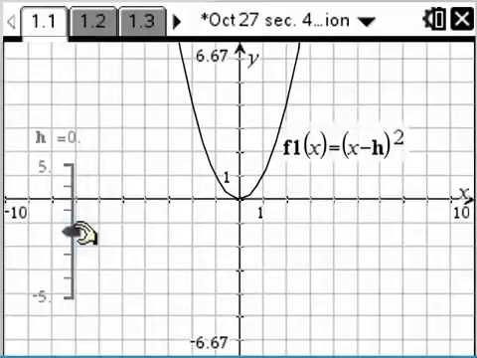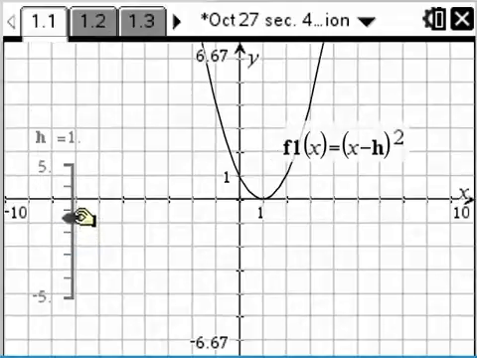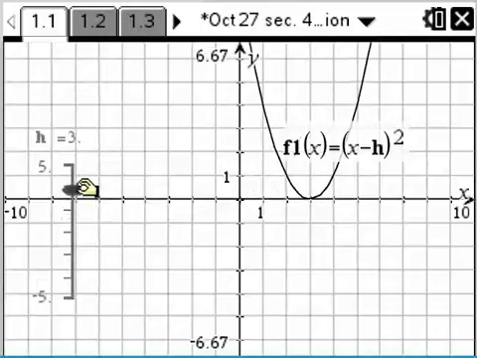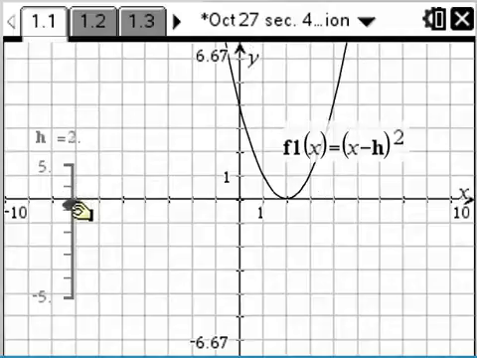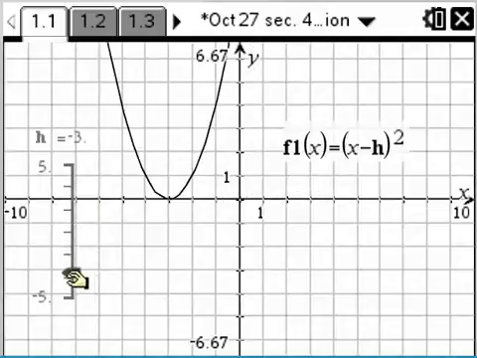Now if we move the slider up, it translates over. So when we move it to 5, the vertex now is at 5, 0, and if we move it down to the negative side, it moves over here.